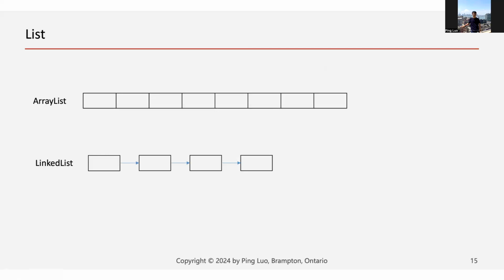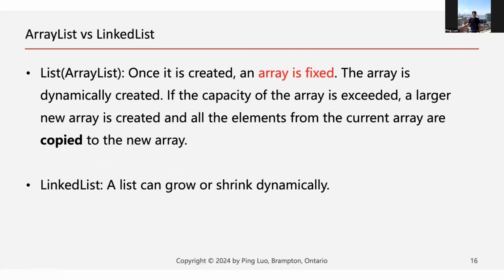It's implemented to make everyone use it conveniently. You don't have to allocate new memory yourself, but inside the Java virtual machine, those steps are performed. So it's fixed size, and a larger array has to be created and copied to.